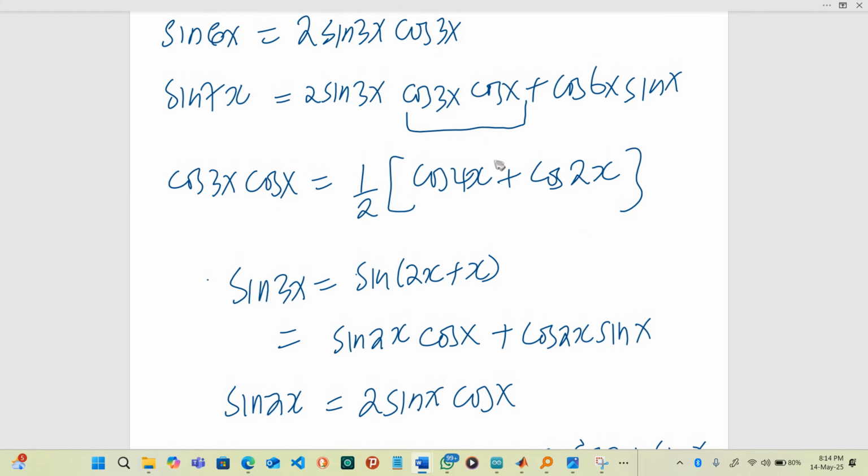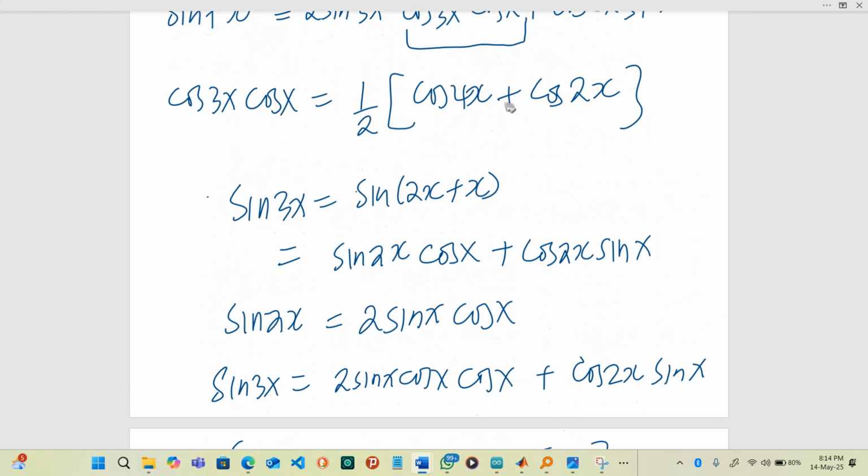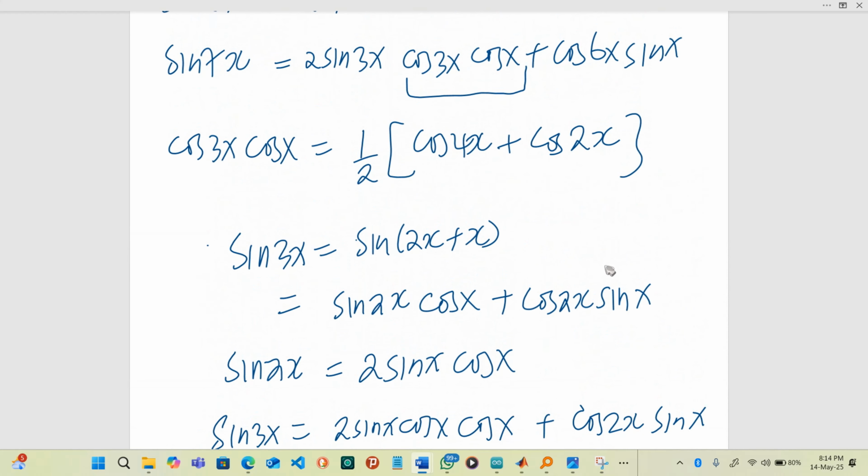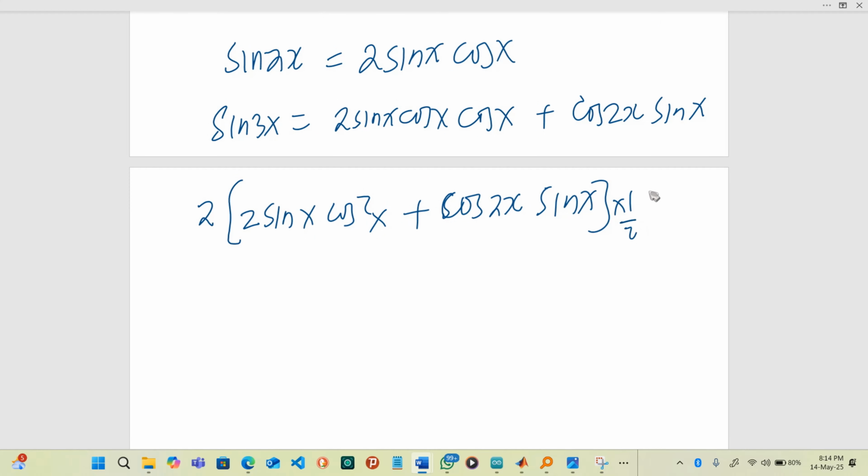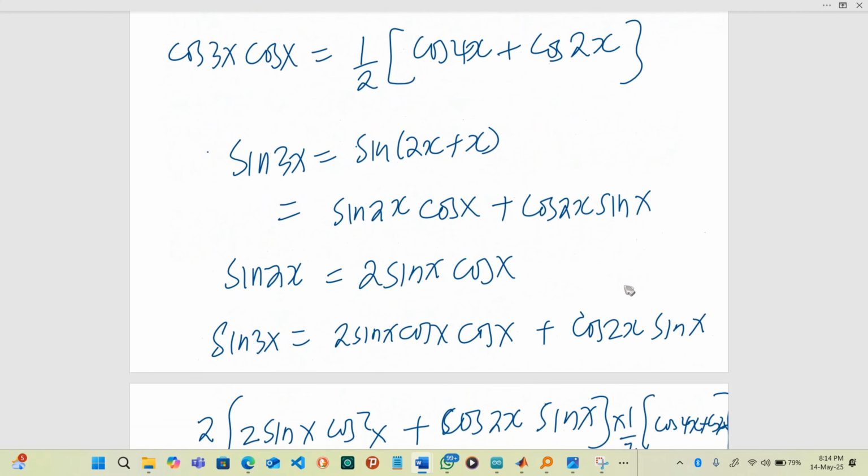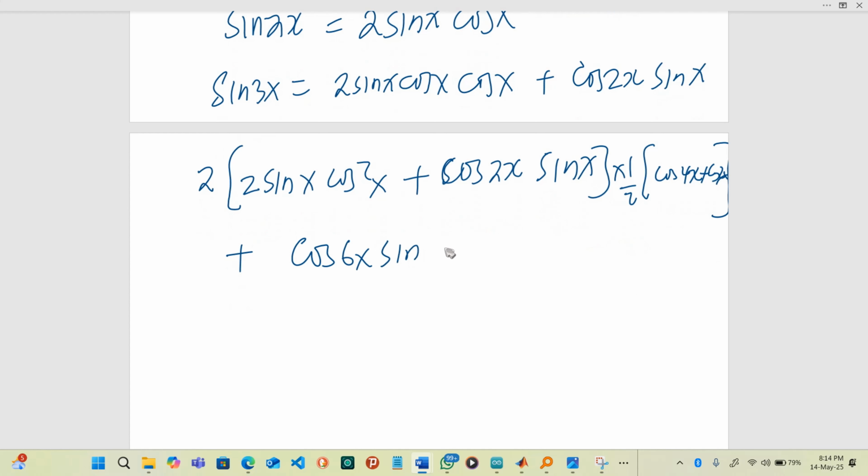Then we are multiplying it by a half into cos 4x plus cos 2x. And then this is closed, and we are adding this last one, which is cos 6x sine x.